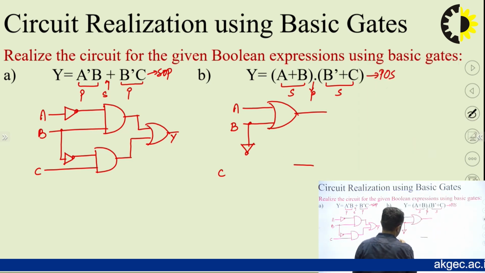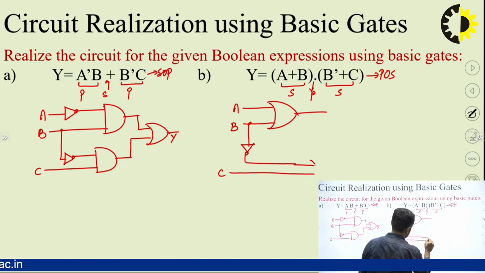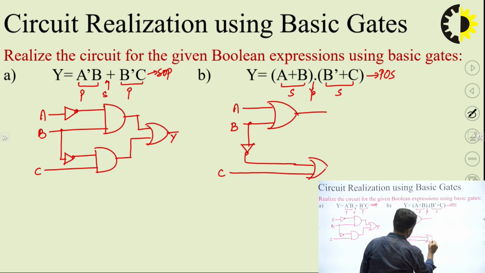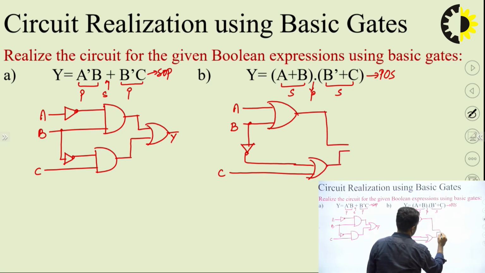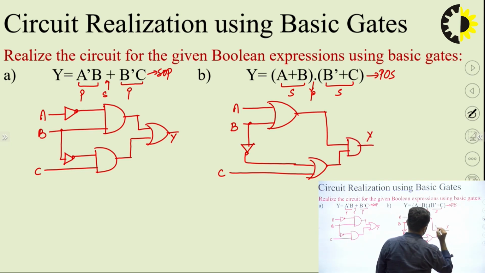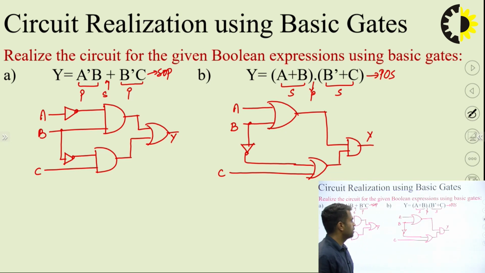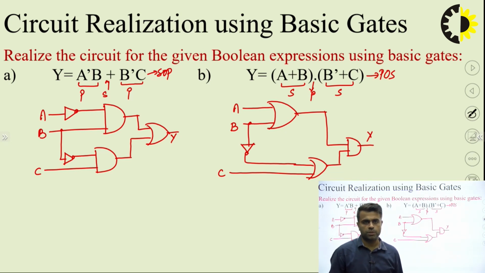So this is the sum of B bar and C, and both these sums are to be multiplied using an AND gate. So this is the realization for a POS expression.